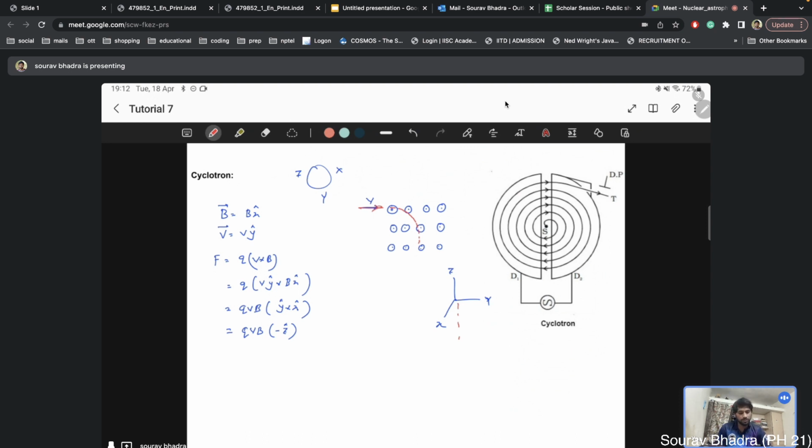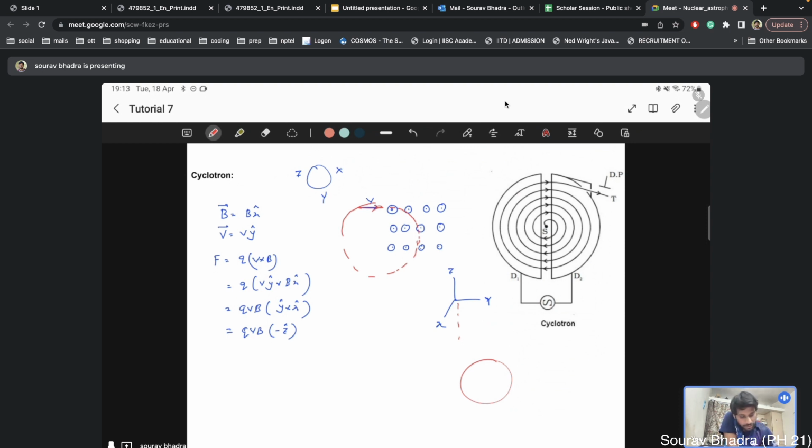It is called the cyclotron. So the particle will move in a circle like this, in the plane of the page, in the plane of the paper. So that is the main thing.